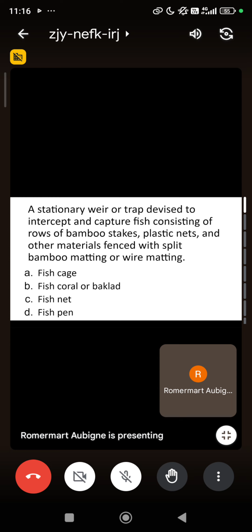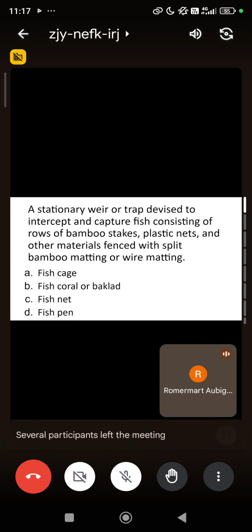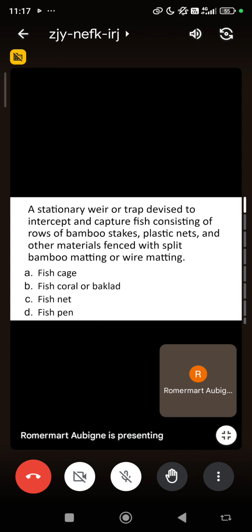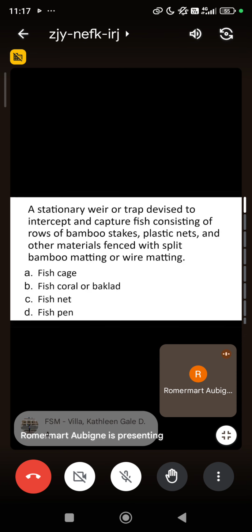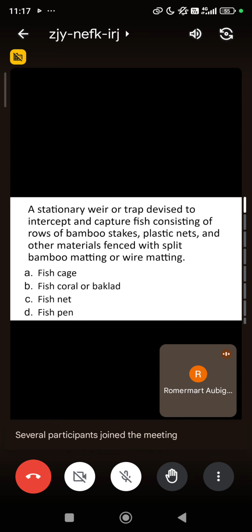Next, a stationary ware or trap device to intercept and capture fish consisting of rows of bamboo sticks, plastic nets, and other materials fenced with split bamboo matting or wire matting. Call this as A. Fish cage, B. Fish coral or baklad, C. Fish net, or D. Fish pen.